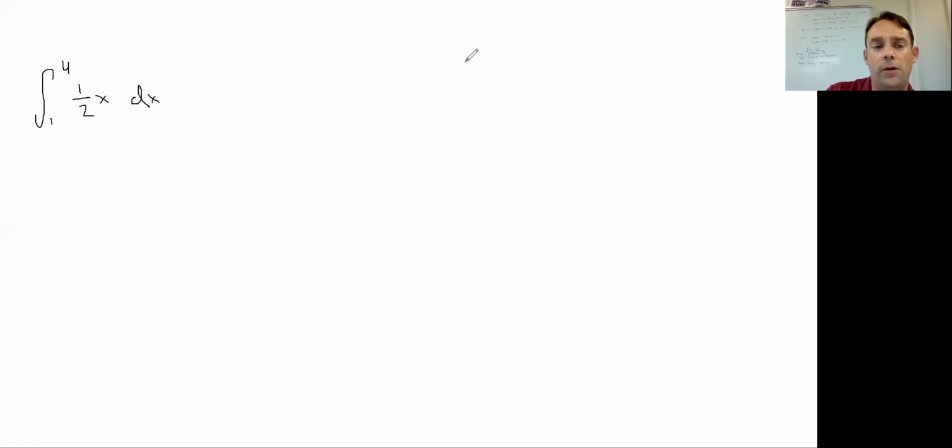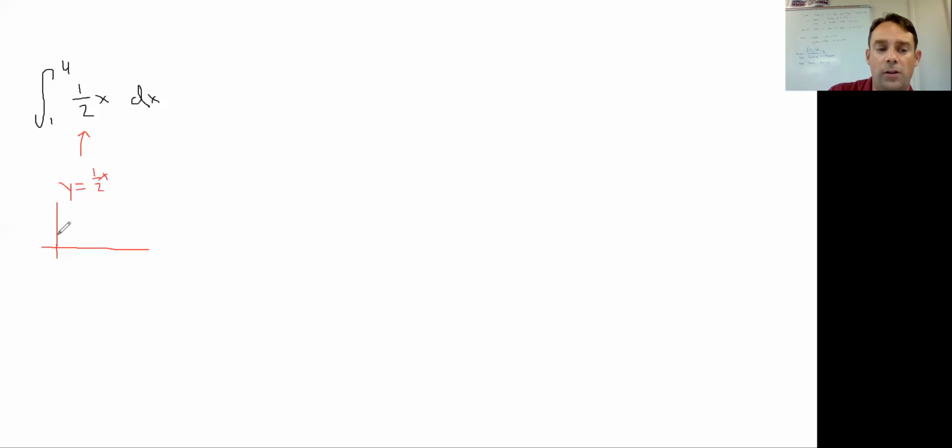Well, this right here is the function y equals 1/2 x. So what I'm really asking you to do with a definite integral is find the area under the curve.